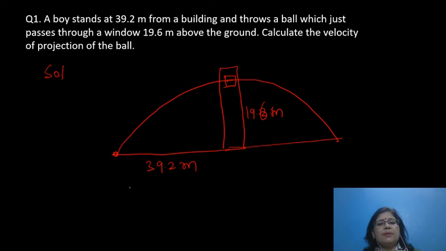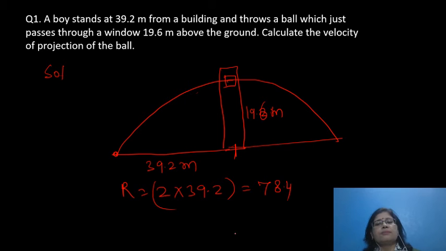It means, what will be the range? Range will be double the distance, that is 78.4. And what will be the height? Height will be 19.6 meter. So we can calculate the value of theta by taking the formula r upon h equals 4 cot theta.